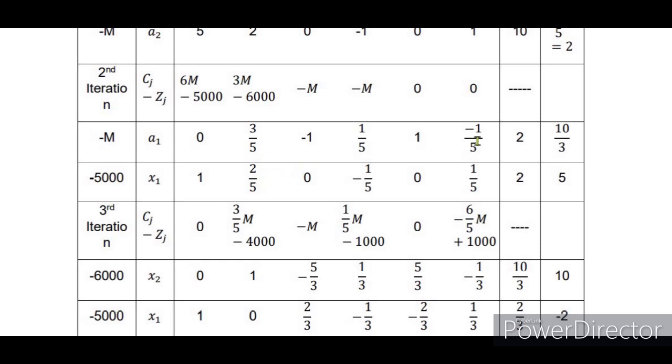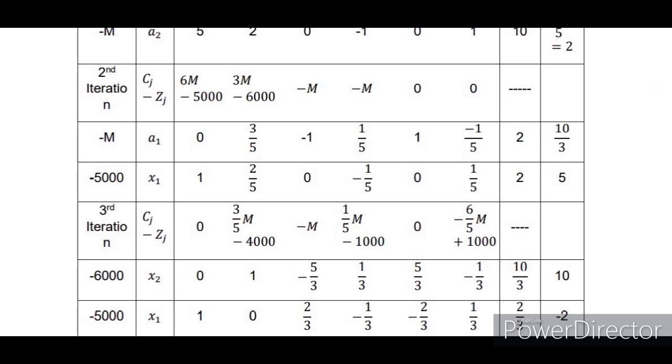Okay, so 2 divided by 3/5 is equal to 10/3. Then 2 divided by 2/5 is equal to 5. Okay, so now which is smaller, 10/3 or 5? So the smaller one is 10/3. Okay, so we will now choose this row a sub 1. We will replace a sub 1 by x sub 2 because it has the highest value of cj minus zj.